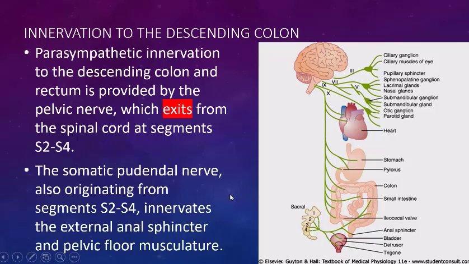The somatic pudendal nerve also originates from segments S2 to S4 and innervates the external anal sphincter and pelvic floor musculature. So the pudendal nerve also arises from S2 to S4, and it supplies the external anal sphincter and the muscles of the floor.